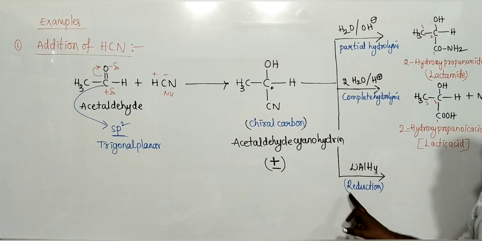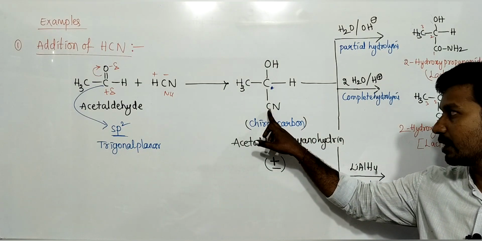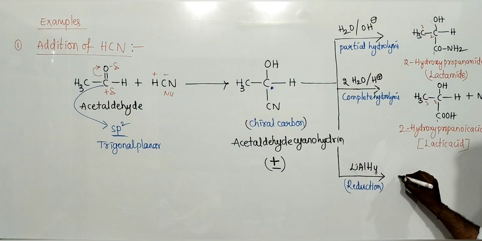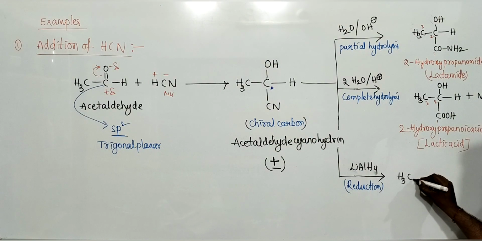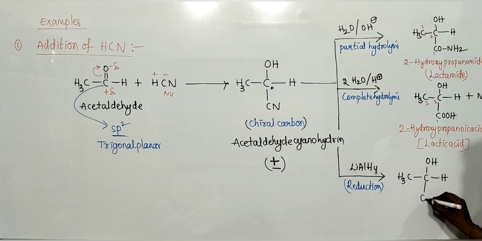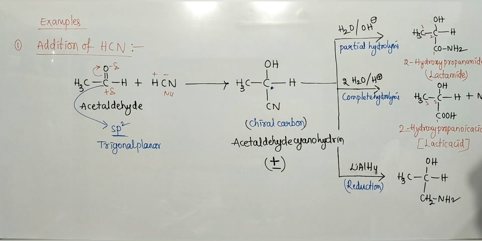Or otherwise, only hydrogens are added here. So it becomes CH2 and it becomes NH2. Then CH3 is the same, OH is the same, hydrogen is also the same, but this becomes CH2 and this becomes NH2. What is this one? 2-hydroxypropylamine.